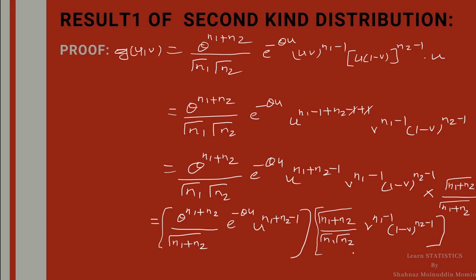The remaining terms are taken in the second term. Now by observing this gamma n1 plus n2 divided by gamma n1 gamma n2, this is nothing but the value of 1 upon beta n1 n2. I will write it.